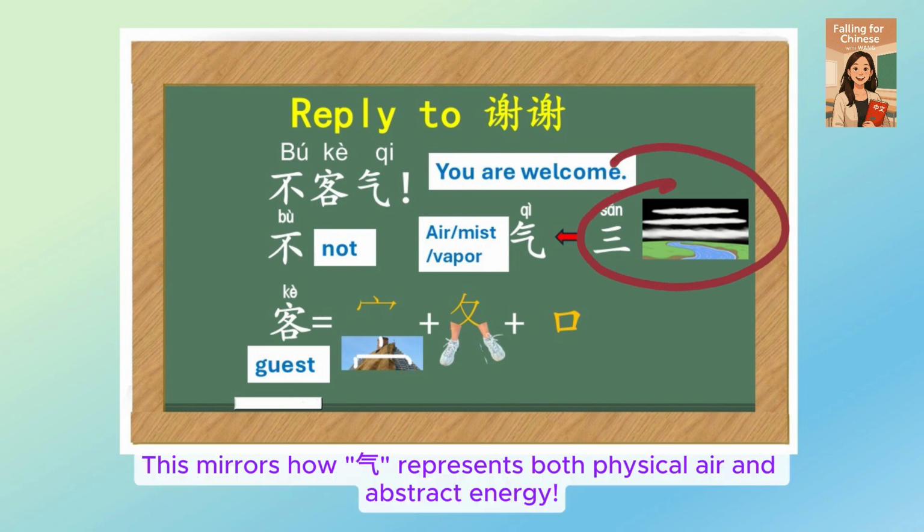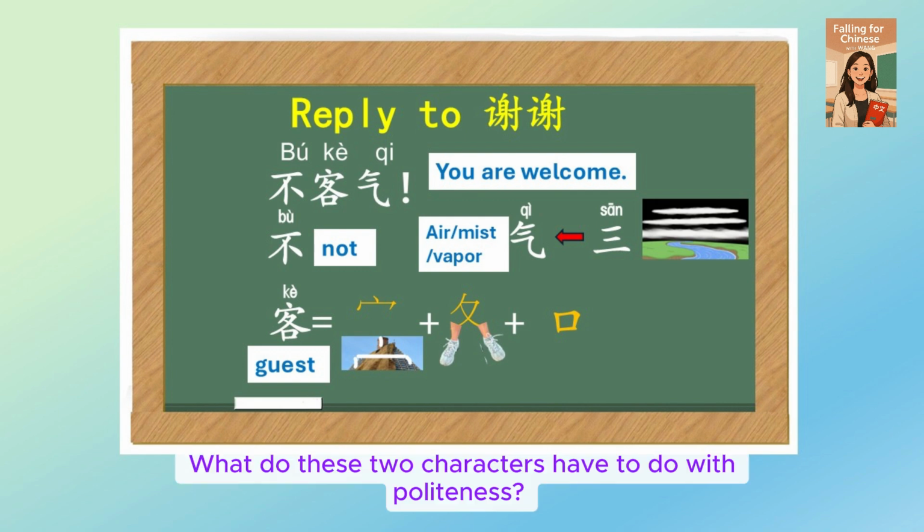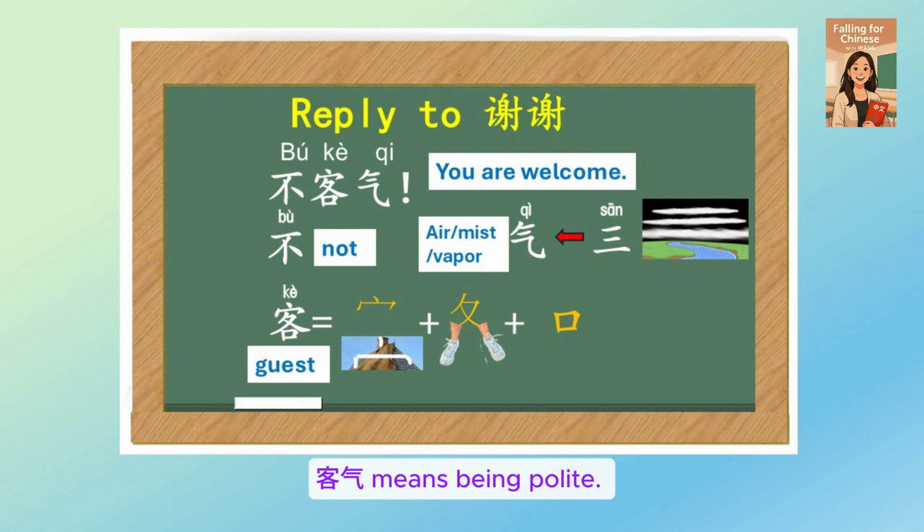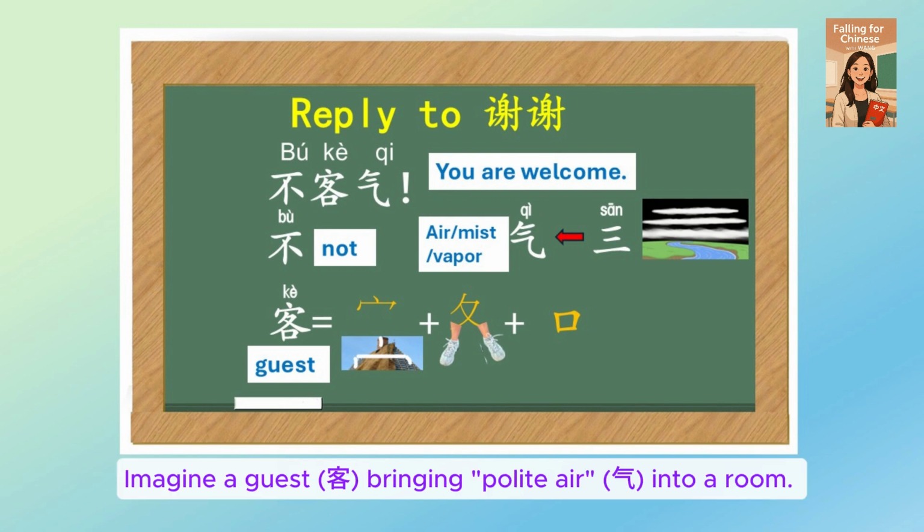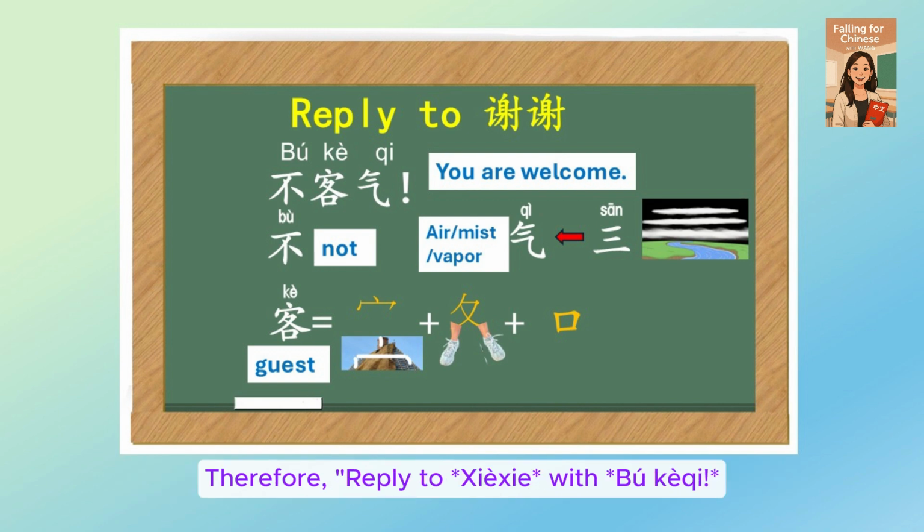This mirrors how qi represents both physical air and abstract energy. What do these two characters have to do with politeness? 客气 means being polite. Imagine a guest bringing polite air into a room, therefore reply to 谢谢 with 不客气.